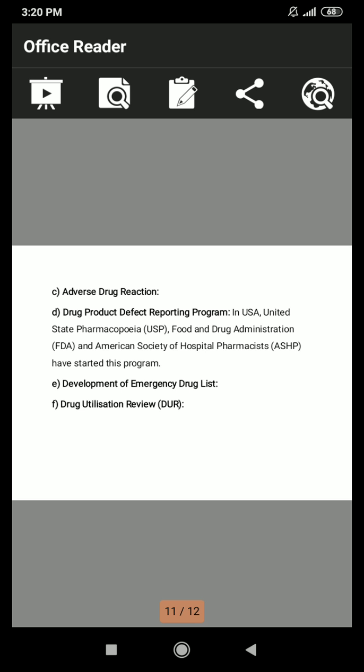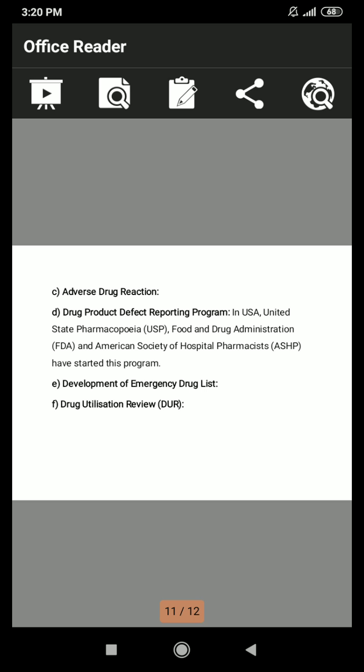Then the format of reporting the drug defects is provided to the hospital pharmacies. It includes information regarding dosage forms such as name, strength, lot numbers, date of manufacture, etc. Then information of suppliers and manufacturer name, the name of the reporting hospital and pharmacist, and the drug defects.